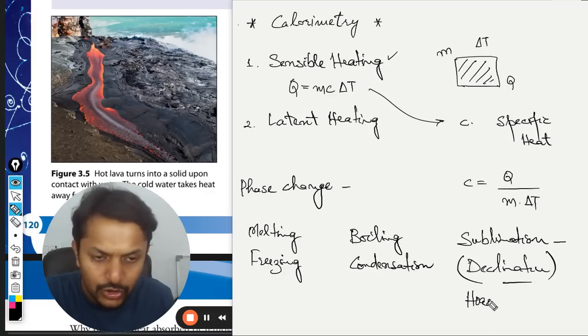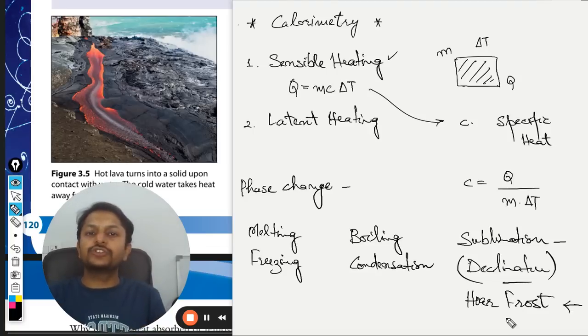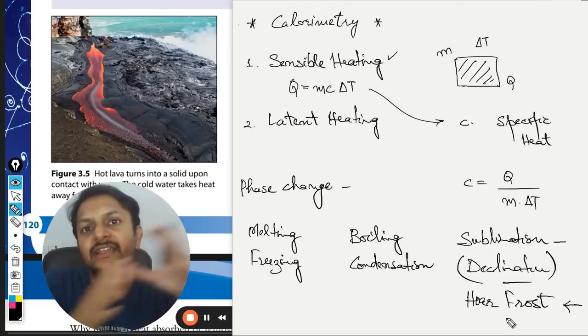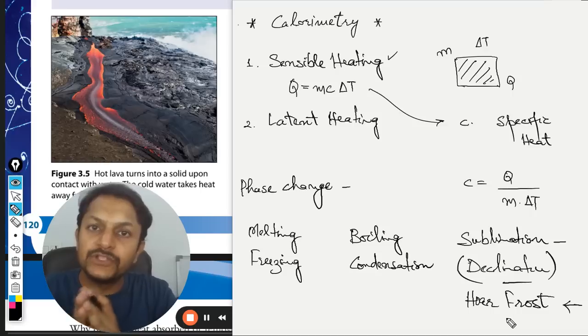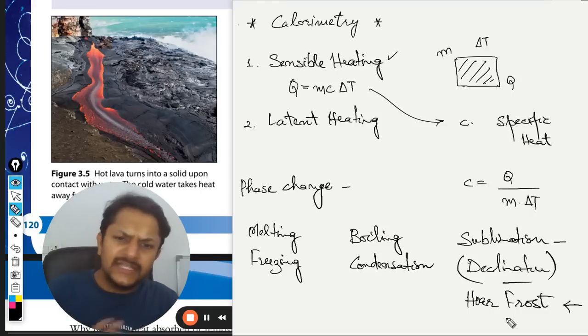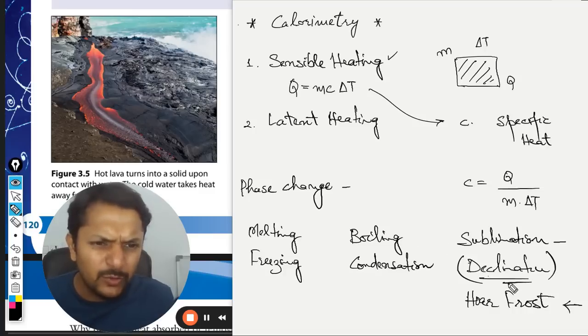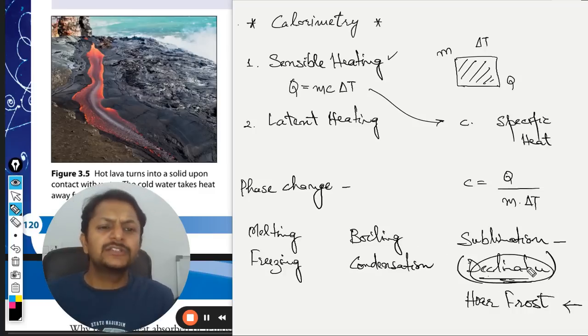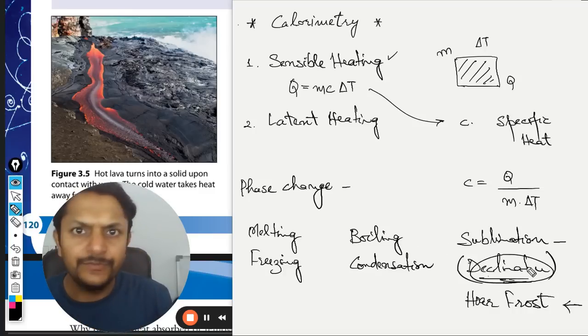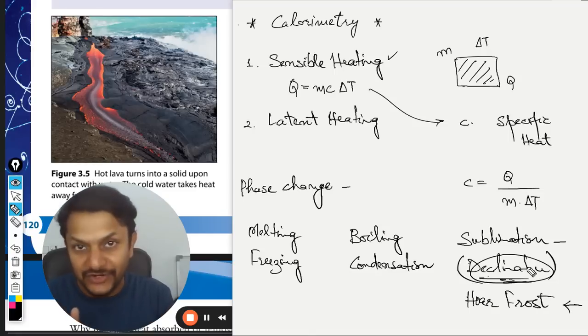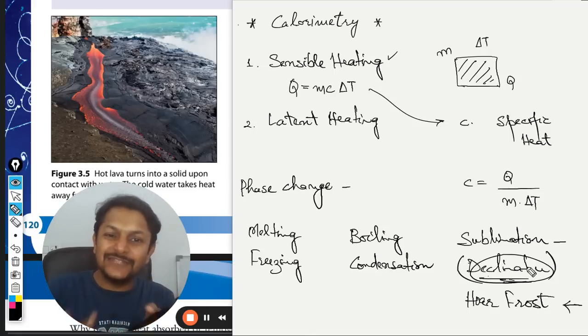We call it hoarfrost. Hoarfrost is a process when gas is directly converted into solid. So I'm not sure about the name here. You can please check your books, and you can also mention that in the comment section. Okay, dear students, so this is phase change.